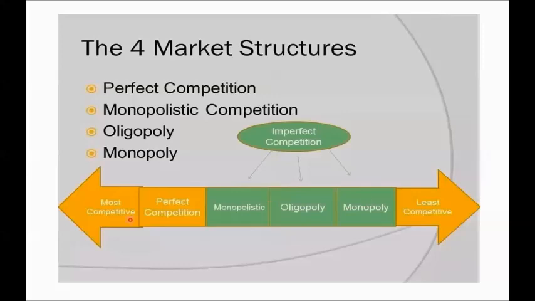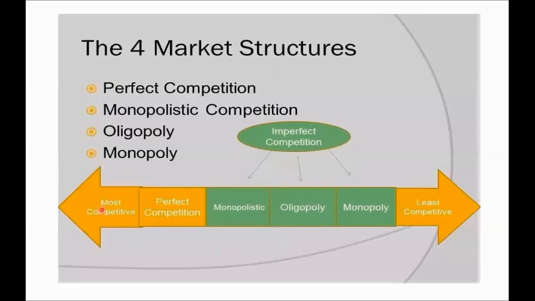Based on this illustration, the arrow measures the most competitive side. Perfect competition is the most competitive side, monopolistic competition is on the middle side, then oligopoly, going to the least competitive, which is monopoly. This illustration simply explains the level of competition.